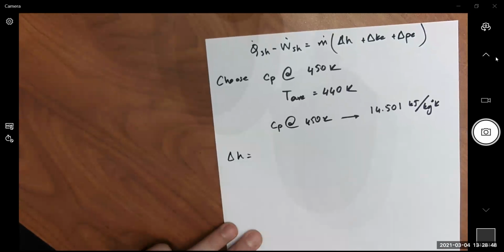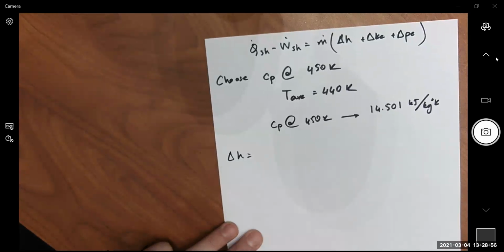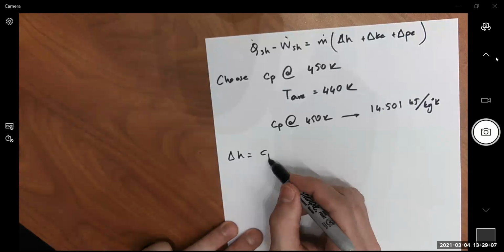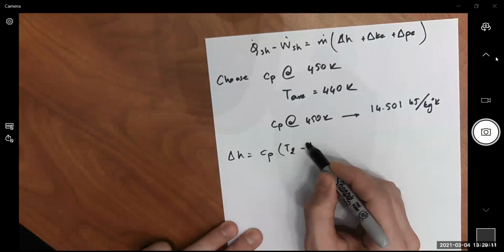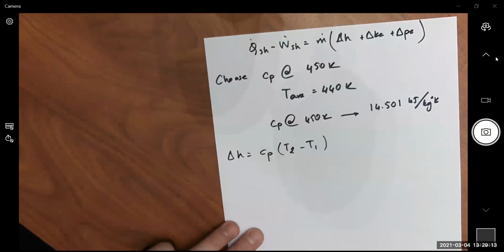Remember the constant specific heat model, because we're not asked to use a variable specific heat model. If we are not asked to use the variable specific heat model, we can use the constant specific heat model. Enthalpy difference is CP times temperature difference.